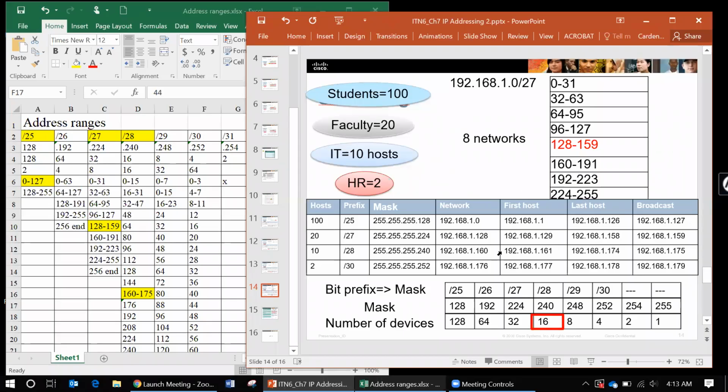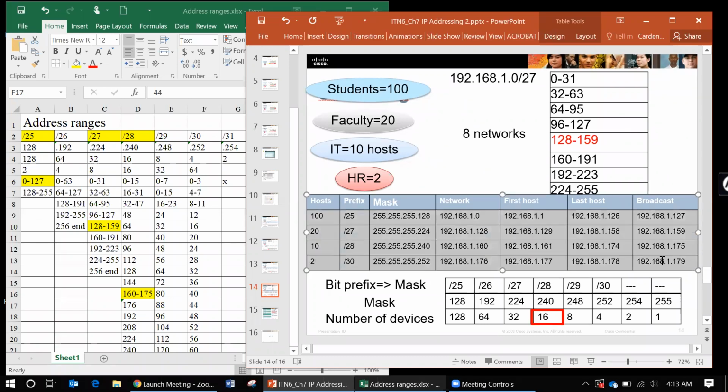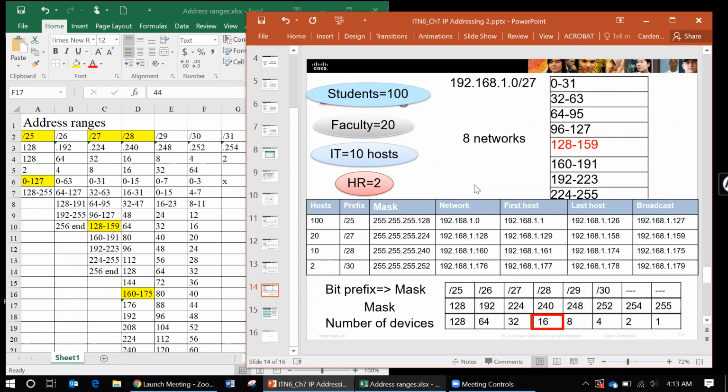And that is it. That is what you need to do to subnet a range of addresses that are given so that you can separate the different types of hosts you have. And one thing I didn't mention is, well, why do we want to separate? Well, think about HR. What kind of information does human resources have? They have your salary, they have your social security number. You don't want everybody to have that information. So we want to organize them in a way that only HR has access to that kind of information.